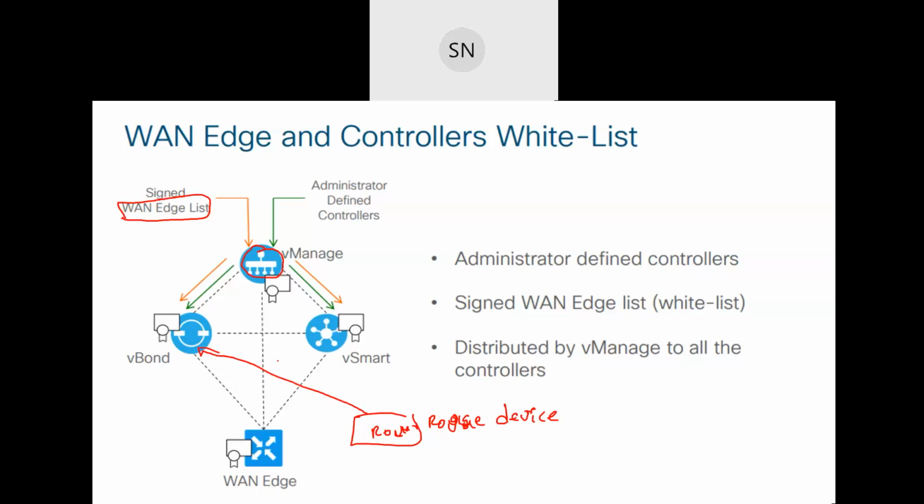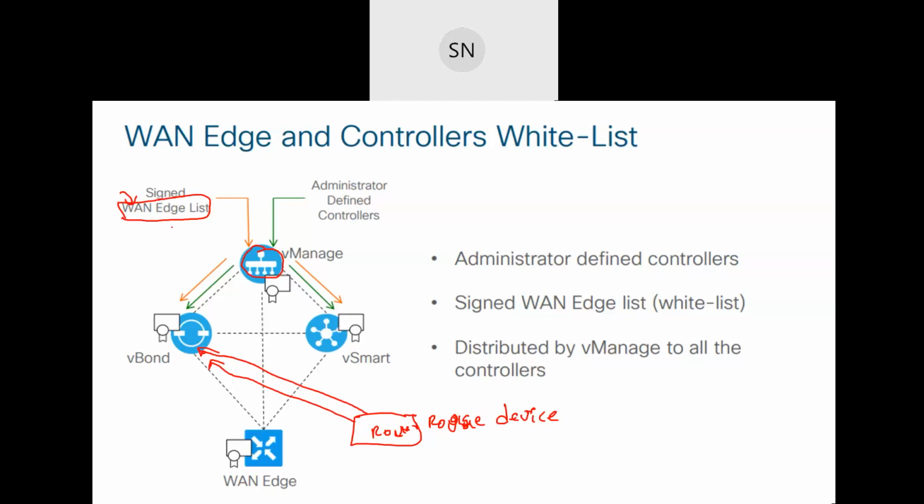While you are joining the network, or bringing up the control plane between the controllers, and for the WAN router while joining the SD-WAN fabric, you need to prove that you have the certain root trust available, you have your org name, and of course the certificate serial number. Once we have the mutual trust, the WAN routers can join the SD-WAN fabric.